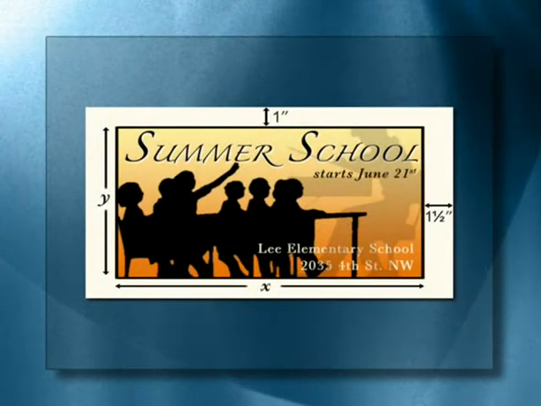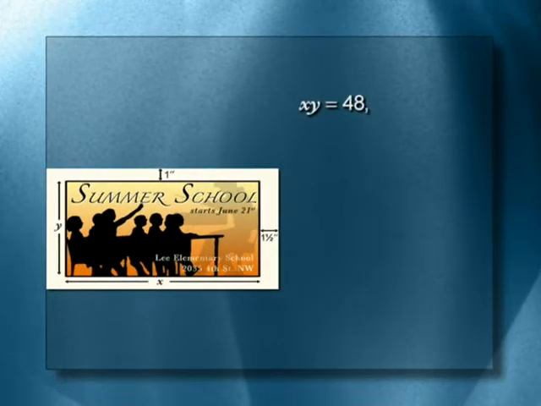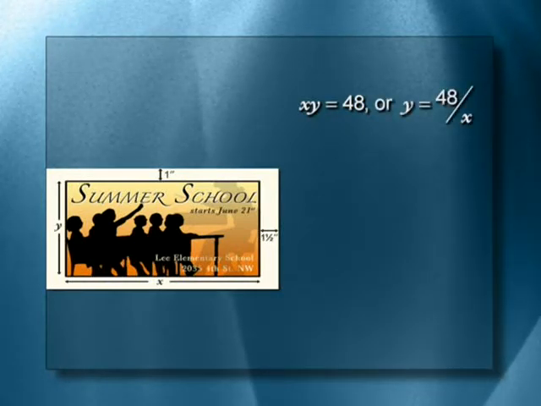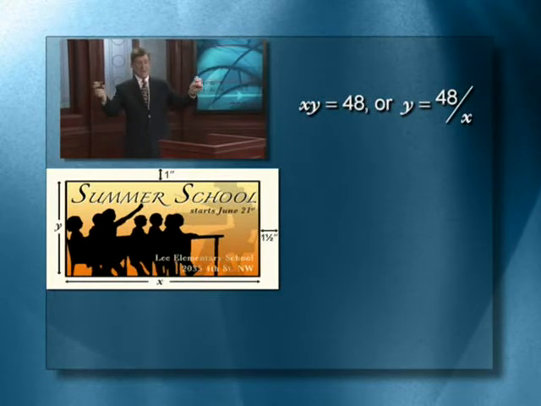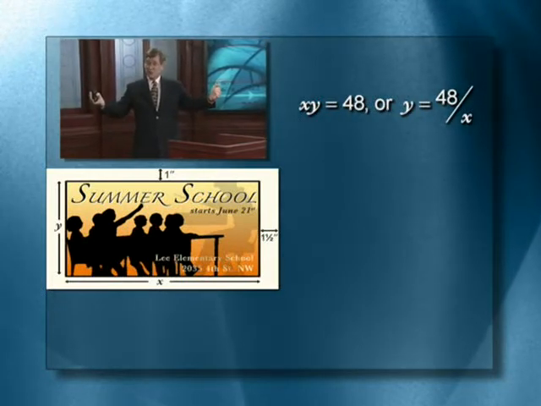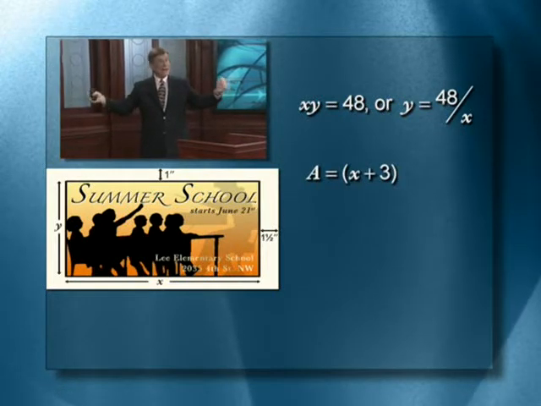We've labeled the dimensions of the printed part as x and y, and because that has to be 48 square inches, we know that x times y is 48, and then we can solve for either variable, like y is then 48 over x. So, what's the area to be minimized? Well, it's the larger area, the whole paper. So that's, this way, it's x plus the two margins. And the margins were 1.5, so it's x plus 3, 1.5 on each side.